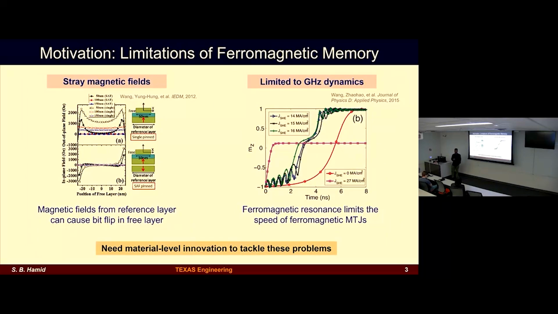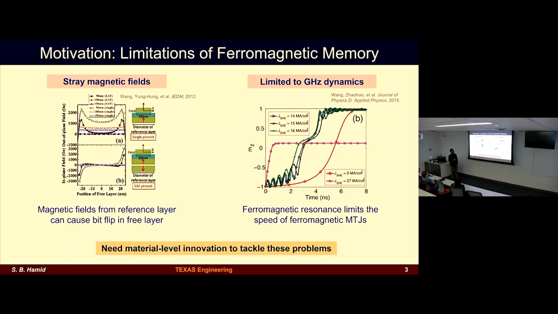So that is why there is such a rise in research in magnetic tunnel junctions, but traditional ferromagnetic tunnel junctions have some key problems. The first one is that there's stray field in these devices.